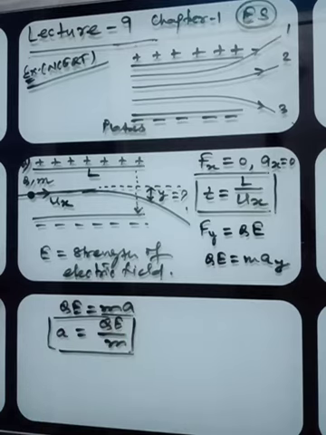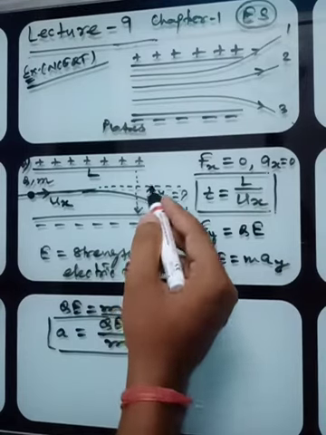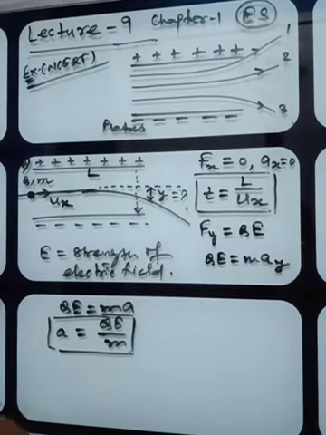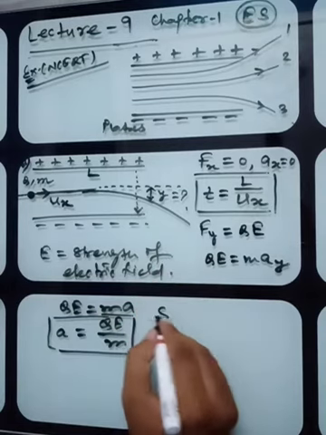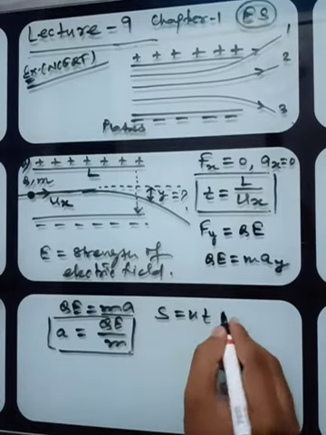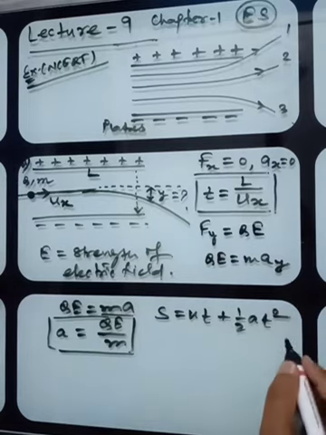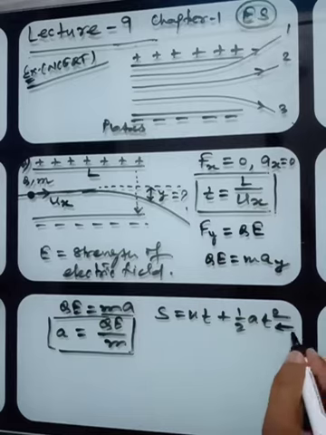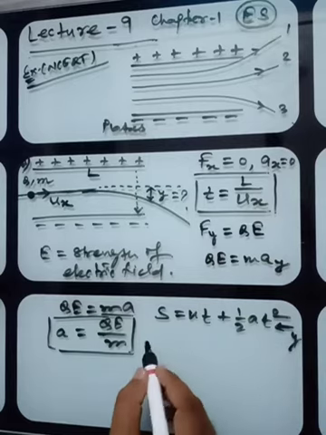Now the vertical deflection. Since along the y-axis it is accelerating, the displacement can be written as s equals ut plus half at square, along which axis? Along the y-axis. And along the y-axis the displacement is how much?